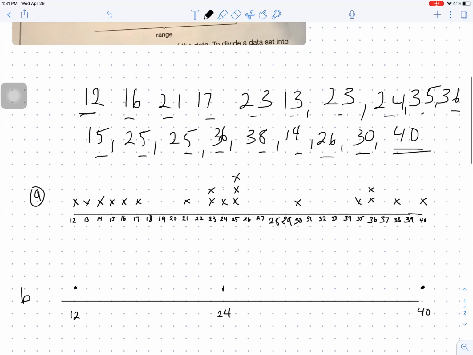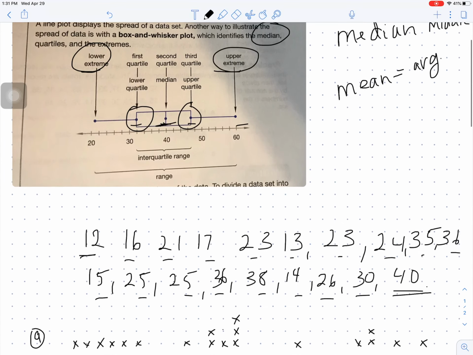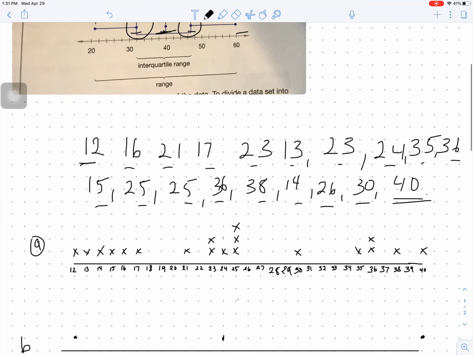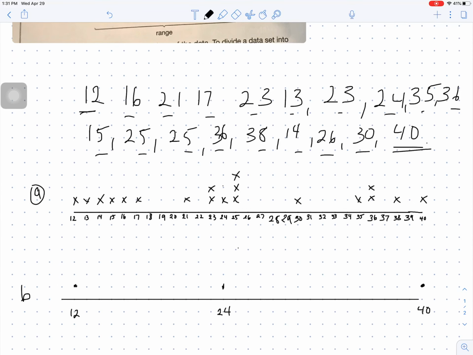As our diagram up here says, that's your median. Okay? So we have that figured out in our box and whisker plot.